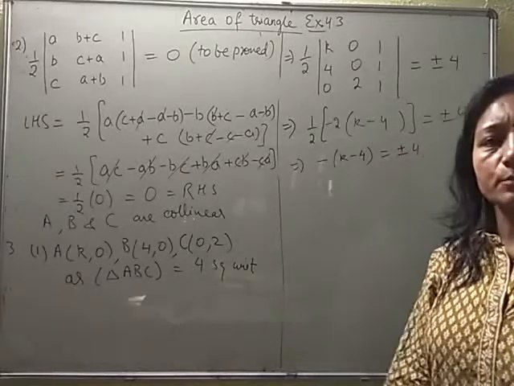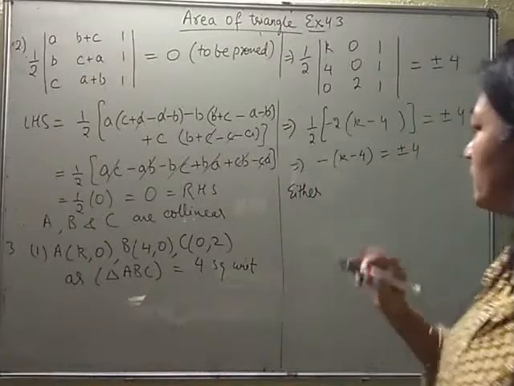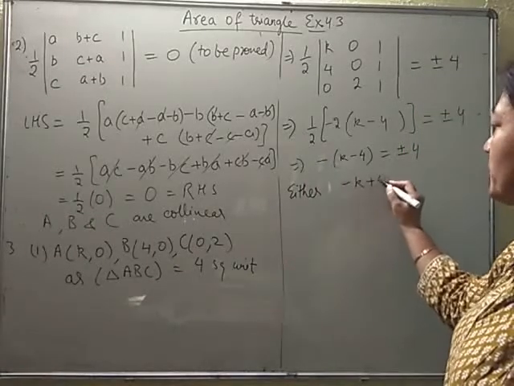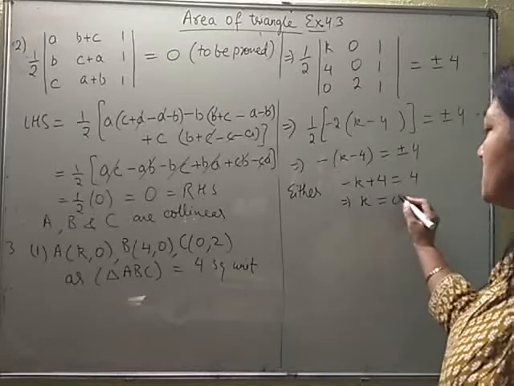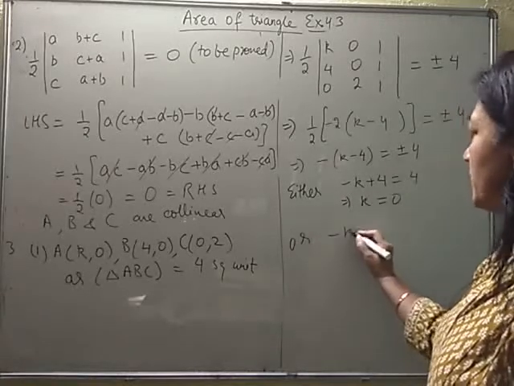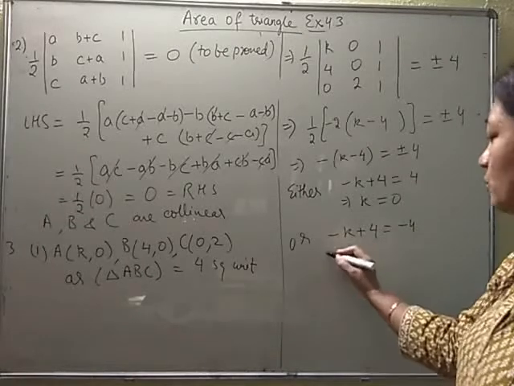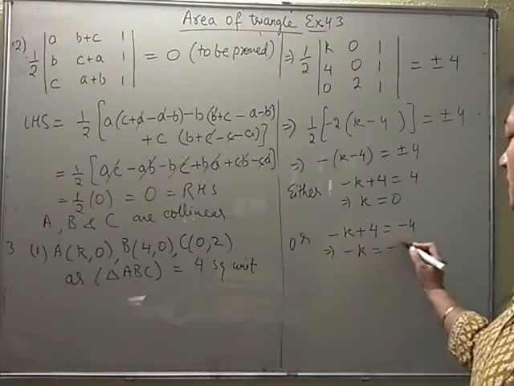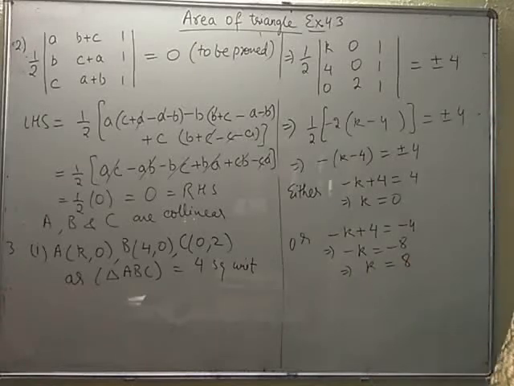So you simplify both the equations one by one and see the possible values of k. So either minus k plus 4 will be equal to 4, which will imply k is 0, or minus k plus 4 will be equal to minus 4, which will imply minus k is minus 8, or k is equal to 8.